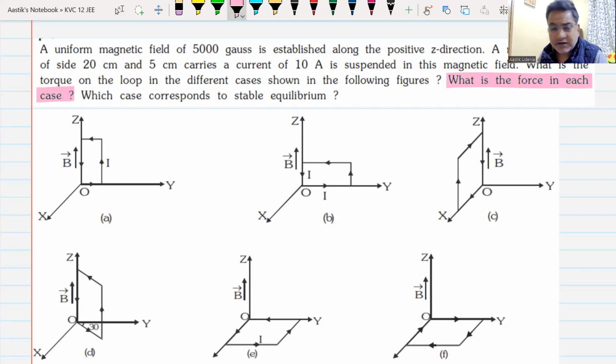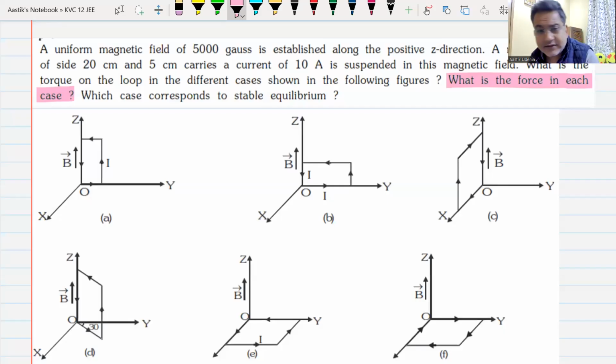Anyone knows the answer to this part? The force in each case is 0. So I'll give you the rest of the question and I'll wait.